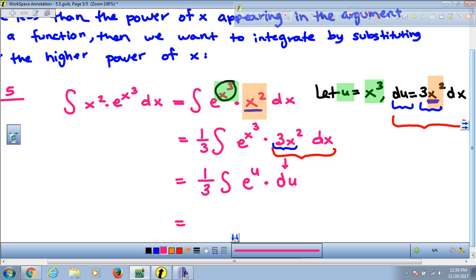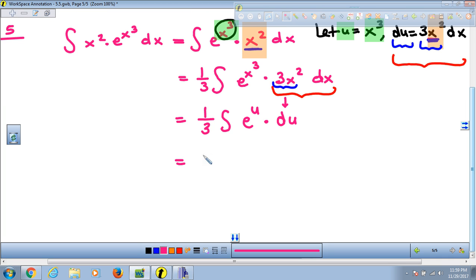So now the next thing you're going to do is do the integration. Bring down the 1/3. What's the integral of e to the u? It is itself. If you recall, the antiderivative of e to the x is itself, e to the x. Not the derivative, the antiderivative.